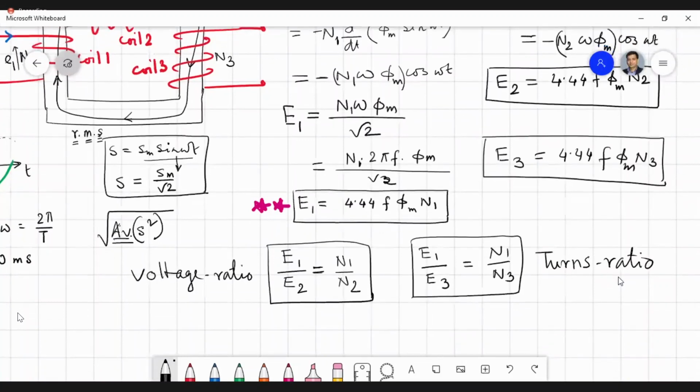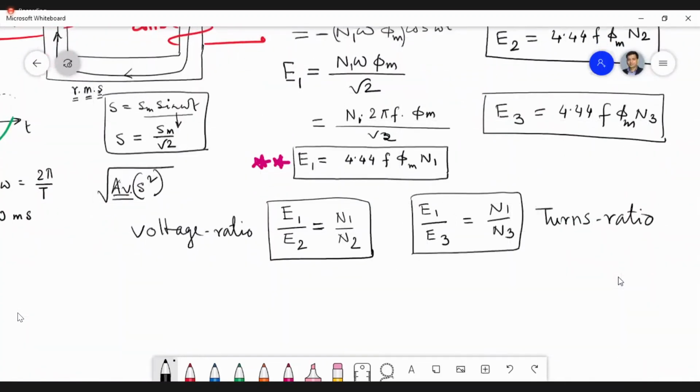Suppose I have a coil of 100 turns and another coil of 10,000 turns. If on one side my voltage is 100 volts, what will be E2?